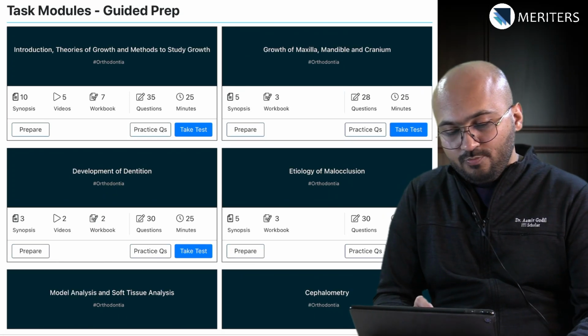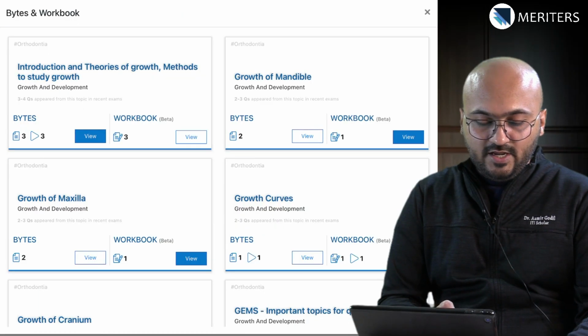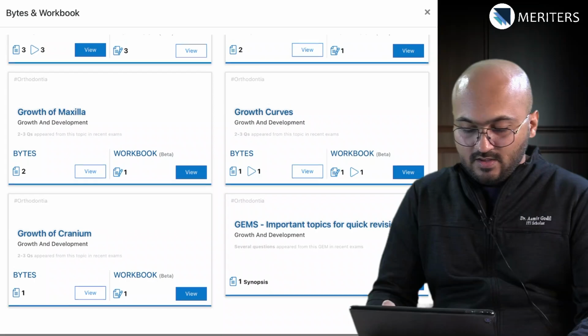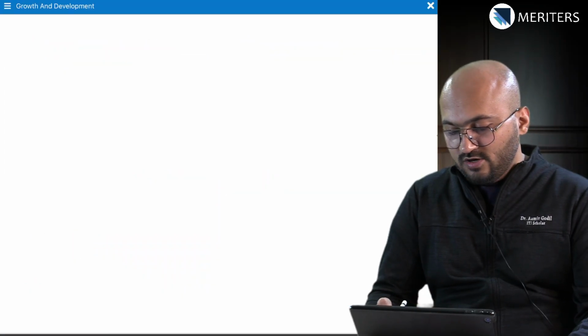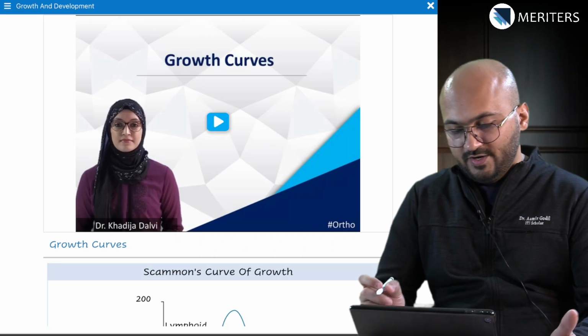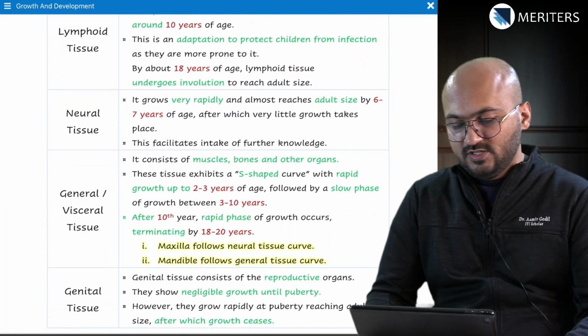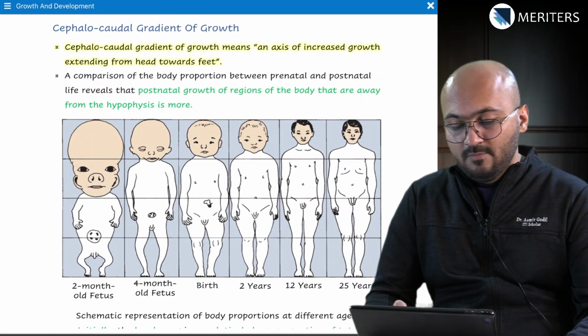So suppose you want to prepare, say, growth in ortho, the first thing would be you click on the prepare button here and go through all the topics, right? And then whichever topic you want to prepare, just press on view workbook or view video and you will be able to access all this information which is more concise, organized in flowcharts and tables and easy to remember.